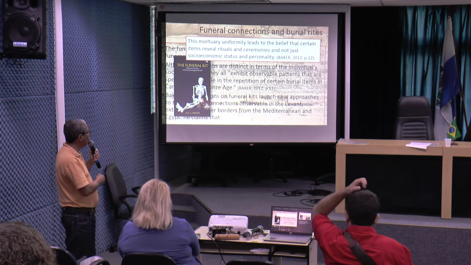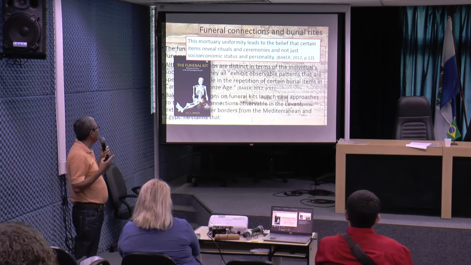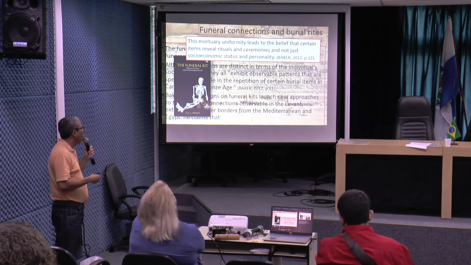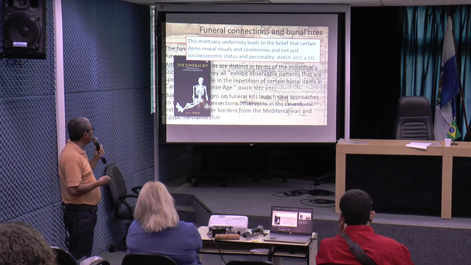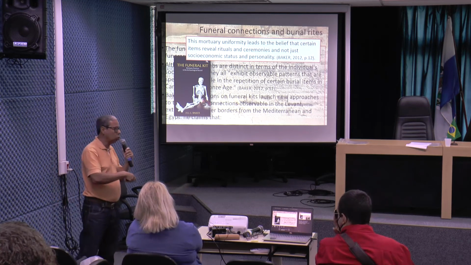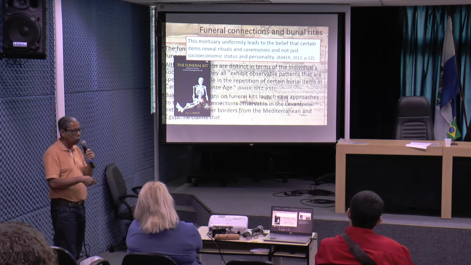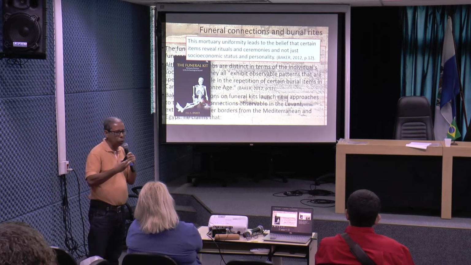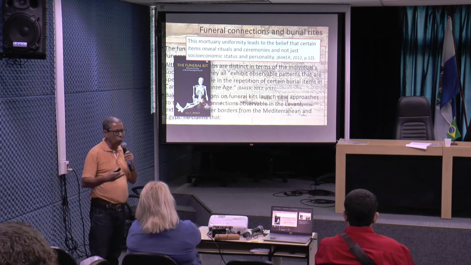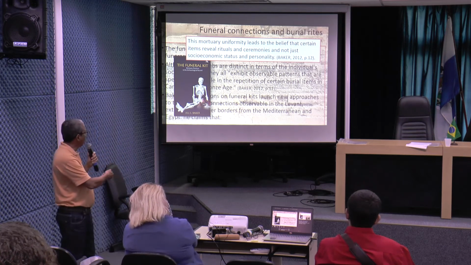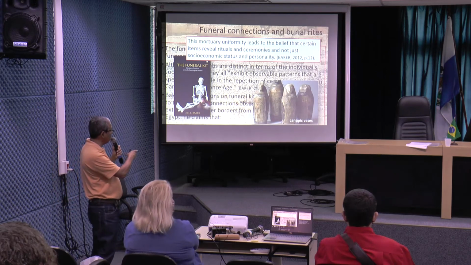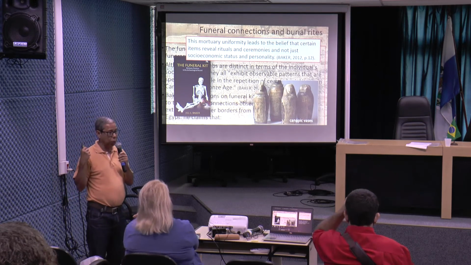This mortuary uniform leads us to believe that certain items reveal ceremonies and not just socio-economic stature. So it's not about personality, but about burial rites when you are buried in it. And you can see this in the canopic vase in Egypt.